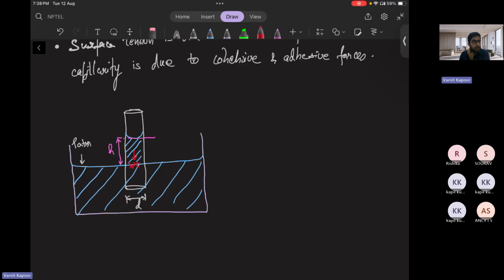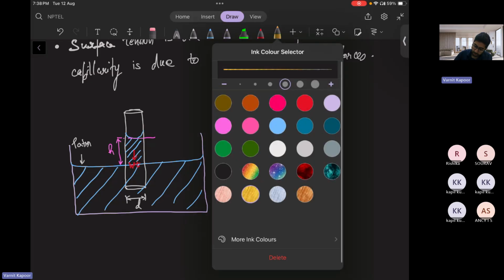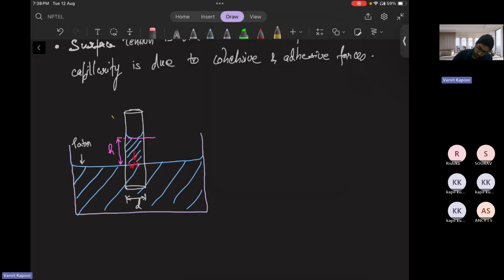First of all, you draw the tangent from inside the liquid till the surface. At this point, if I draw a tangent from inside the liquid till the surface, this is theta.